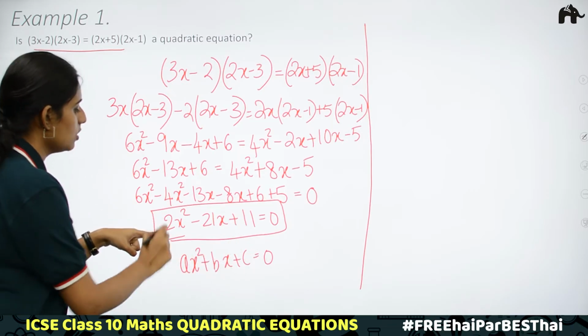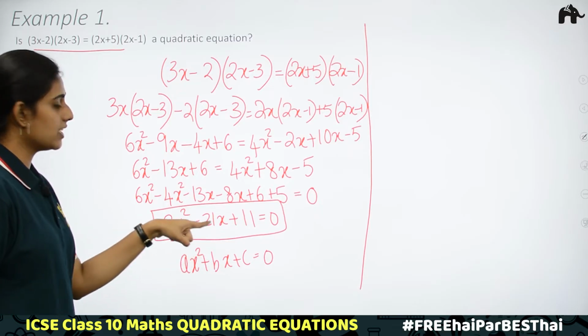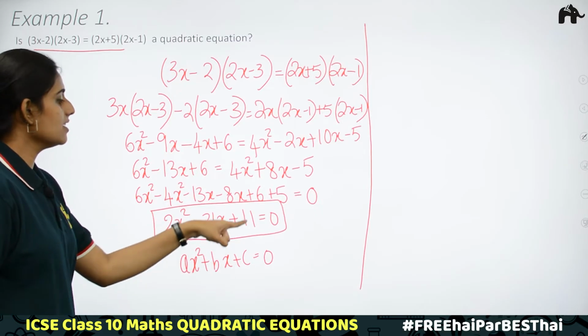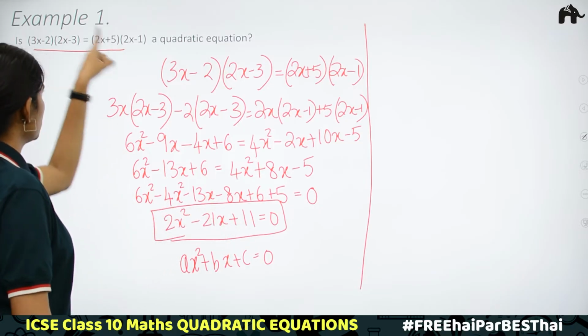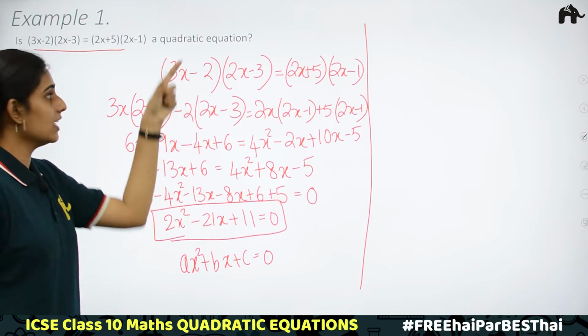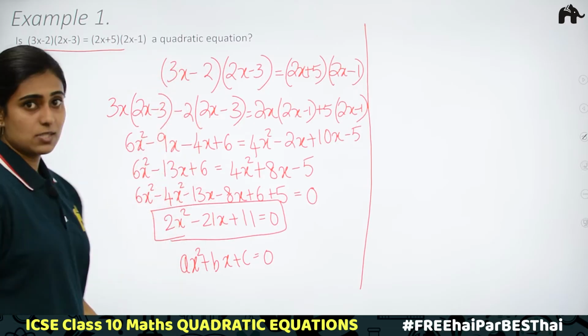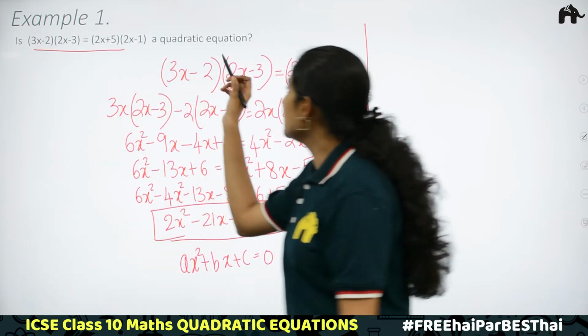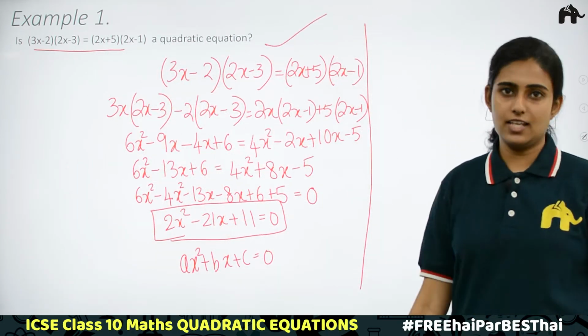We have a is equal to 2, b is equal to minus 21 and c is equal to 11. The given expression we could express in the standard form of the quadratic equation, which means this is a quadratic equation.